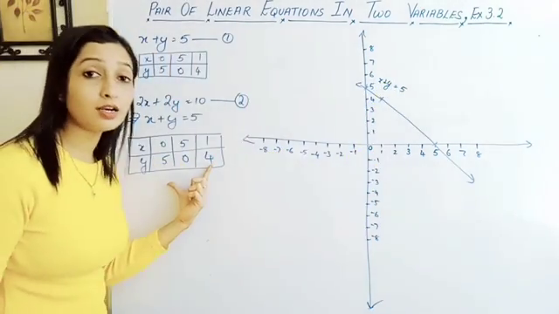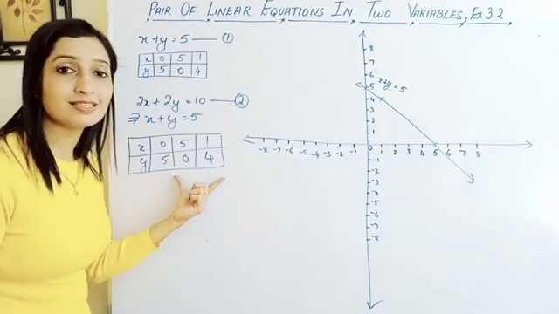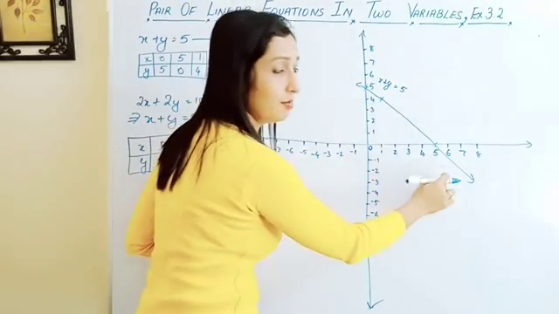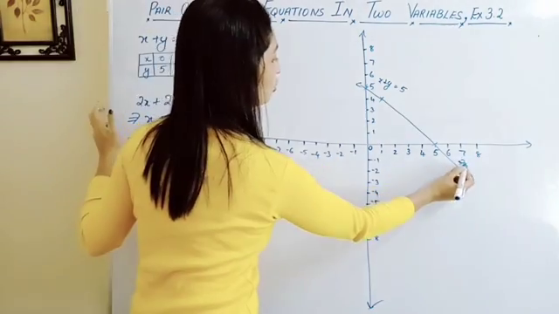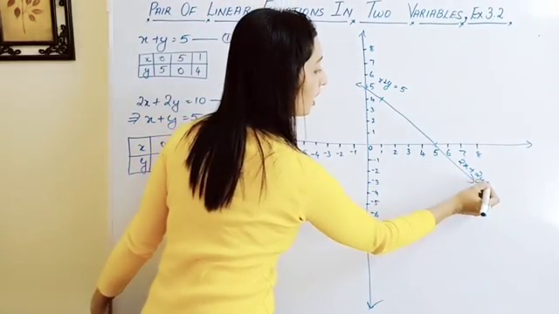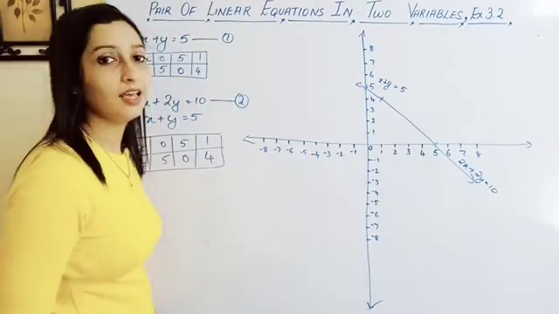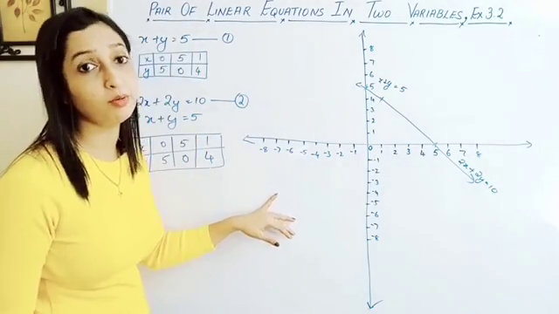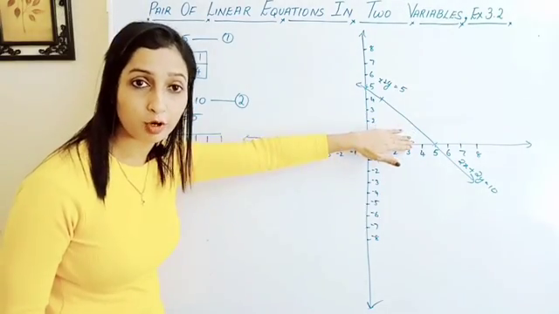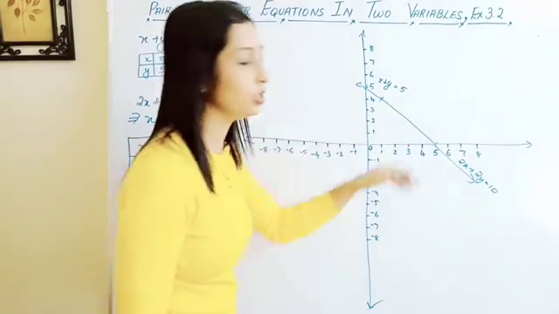Now what about our second equation? The points are the same. So you get the same line here, and you can write the equation here as 2x plus 2y equals 10. Now they've asked to find out the solution graphically. So what are our different points? There are an infinite number of points in this graph. So which are the points?